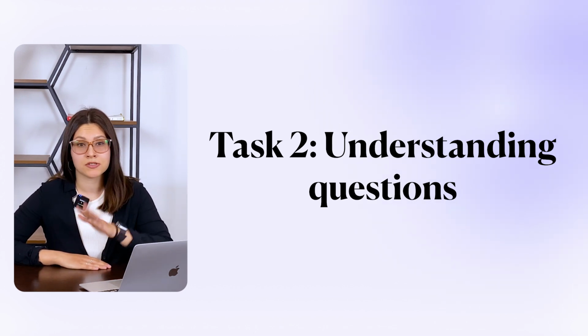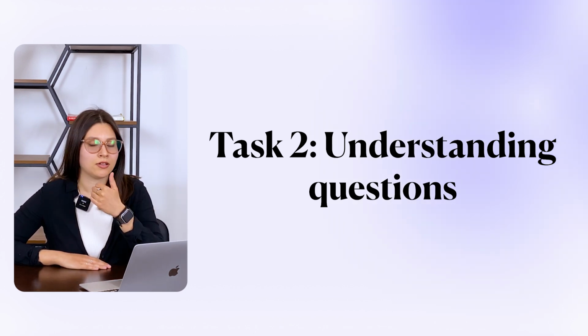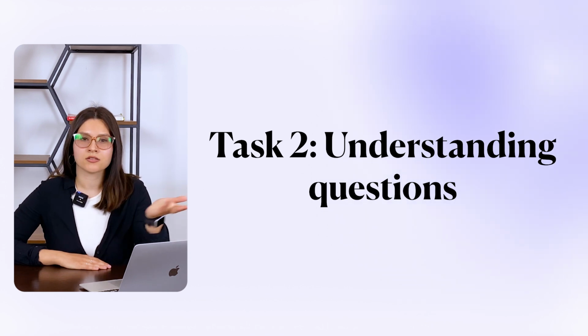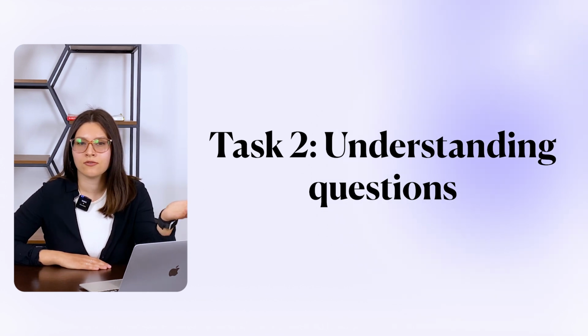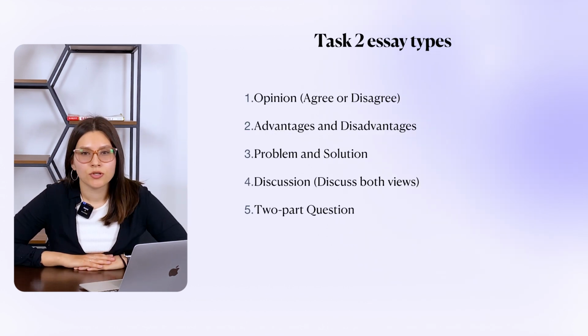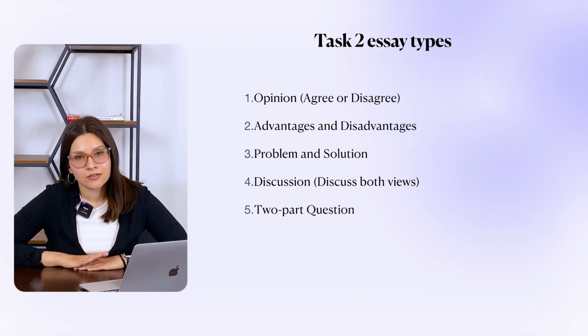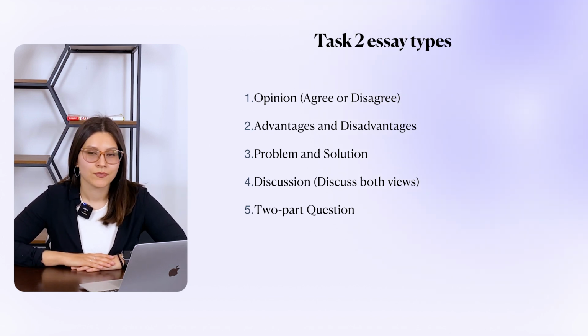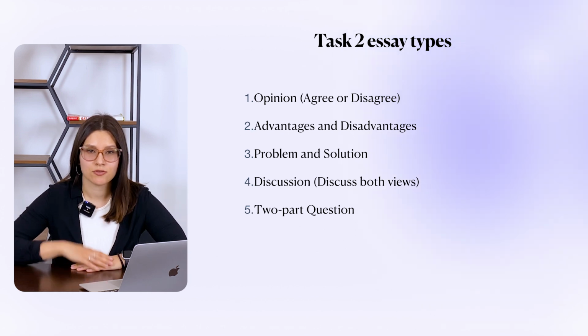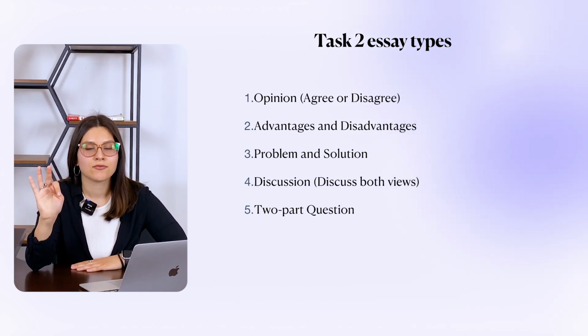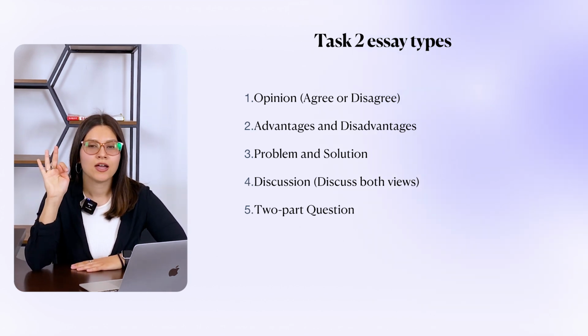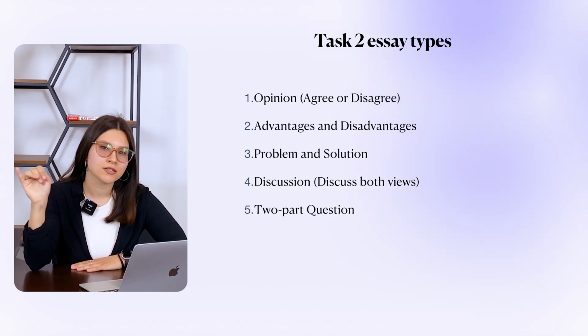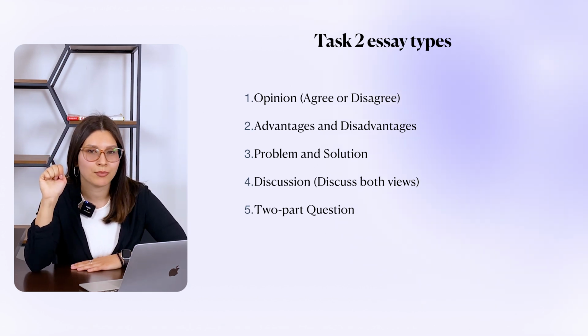Meaning, for example, instead of answering using their opinion, they just discuss the question and that's all, or they give advantages and disadvantages. As we will discuss further in detail, there are 5 types of task 2 essay question. So the first one is opinion, second is advantages and disadvantages, then you have discussion, problem and solution or cause and solution, and the last one is two-part essay.